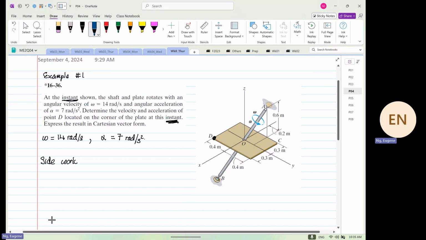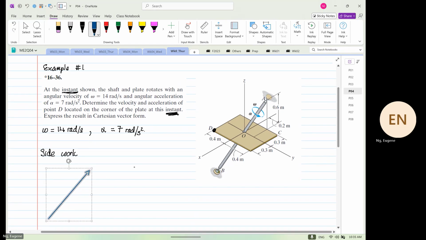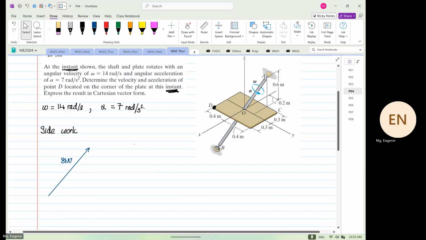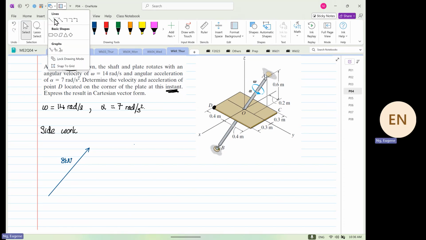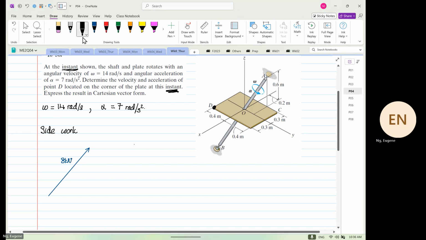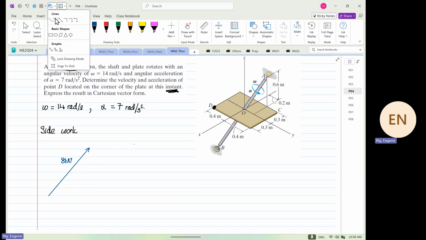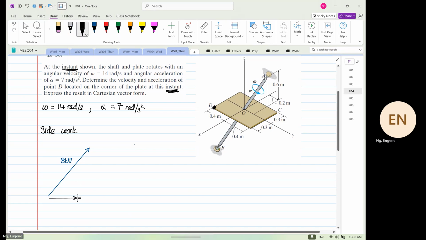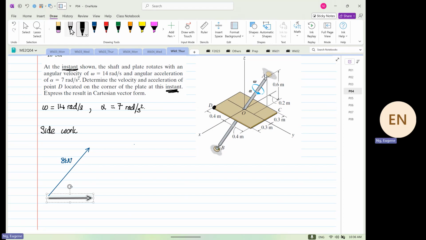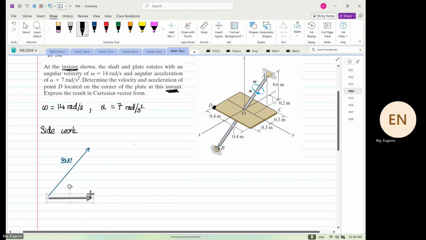If we have a vector over here, and this vector corresponds to 8 kilonewton, and then we have two components, and another component down here. I will label these as X and Y.